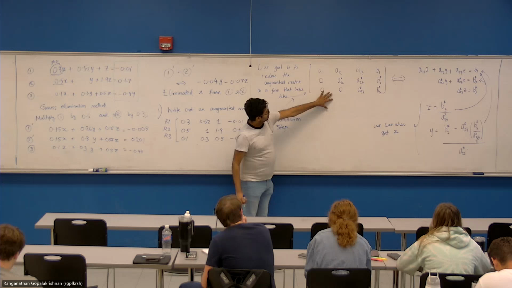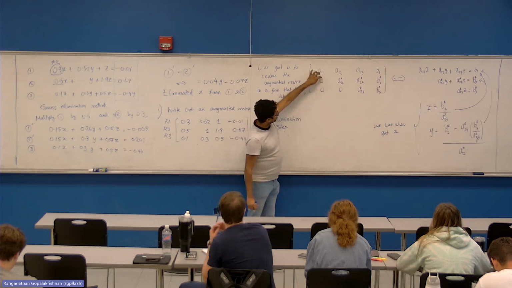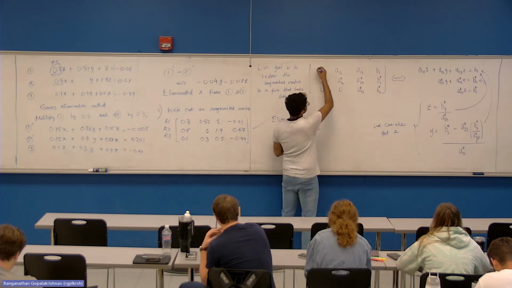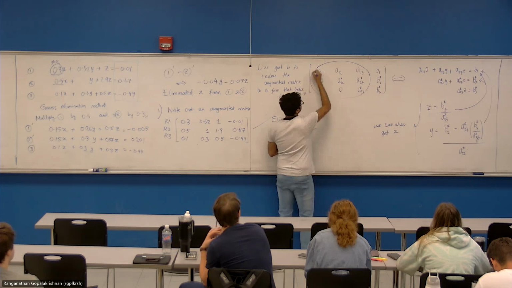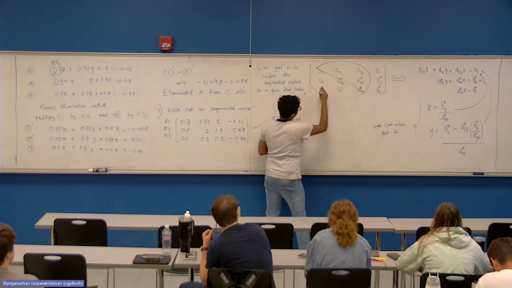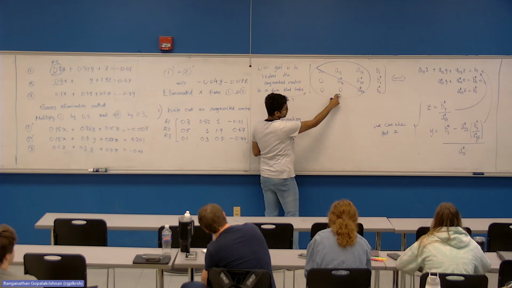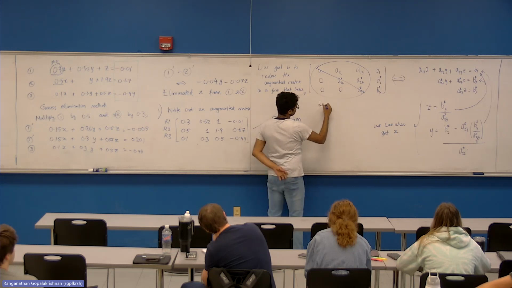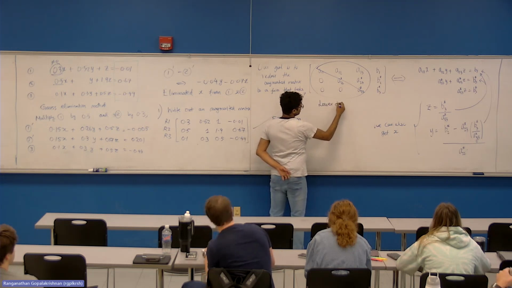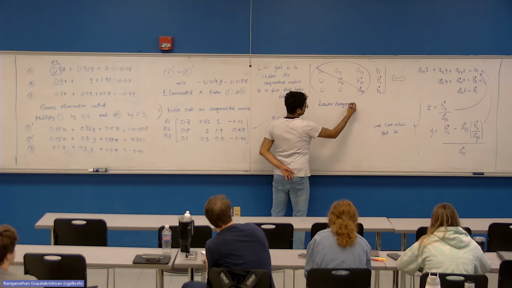Okay. This form here, if you just consider these 9 elements, this is your diagonal, and anything that is below the diagonal is 0. So we call this lower diagonal form.